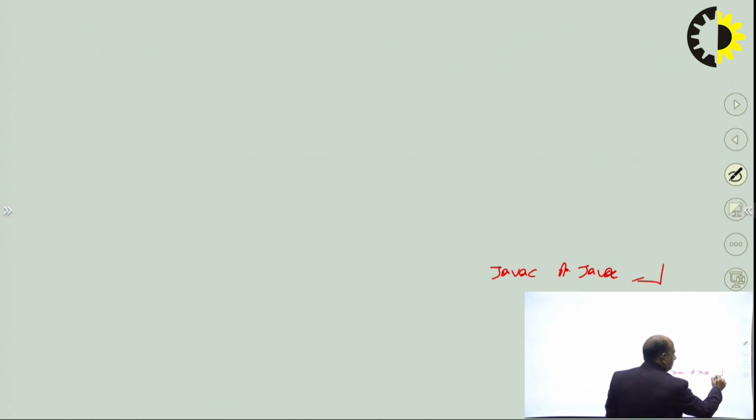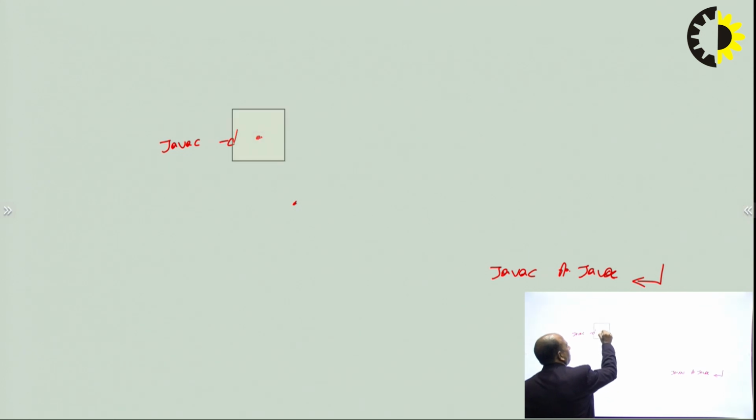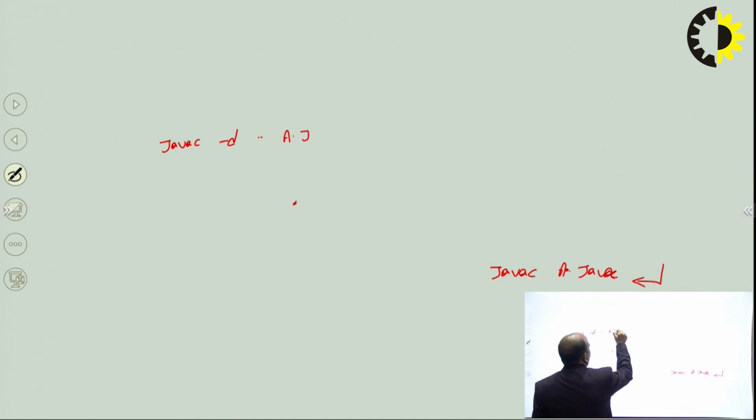but once you have put your code within a package, then to compile this class we should write javac space -d space dot space file name .java, a.java.